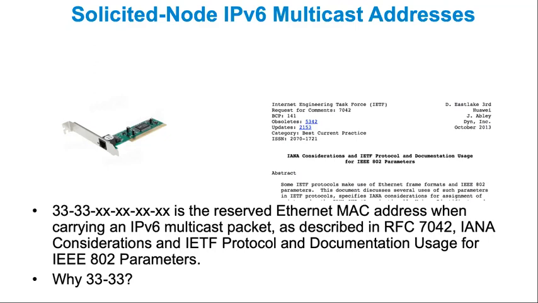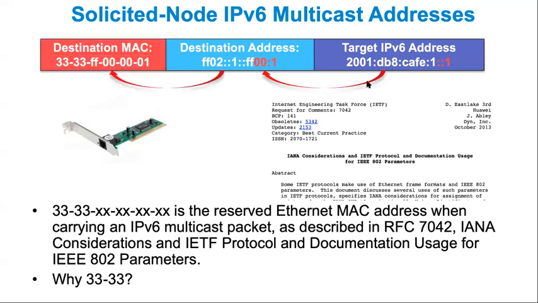Just a little trivia here. You're probably not wondering, but here's some trivia for you. Why 3333 at the beginning of the MAC address? Why was that chosen to designate a multicast MAC address for IPv6? We'll see how all of this works in a moment. But what we're seeing here is, in this ARP request, it's actually called a neighbor solicitation message.